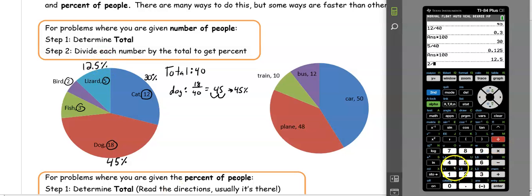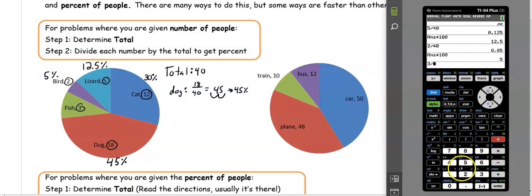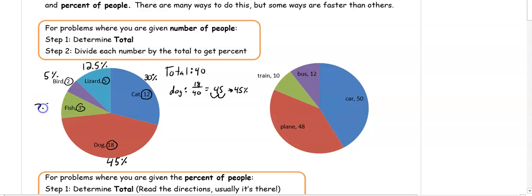We have 2 divided by 40 times 100 is 5%. And we have 3 divided by 40 times 100, and that's 7.5%. Let's skip the next pie chart and move down to what happens when we have a percent.